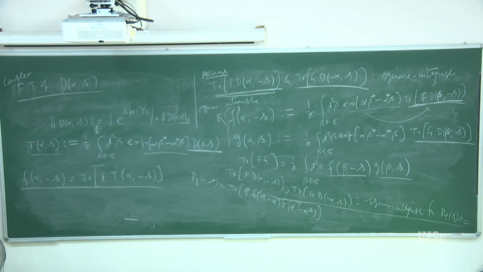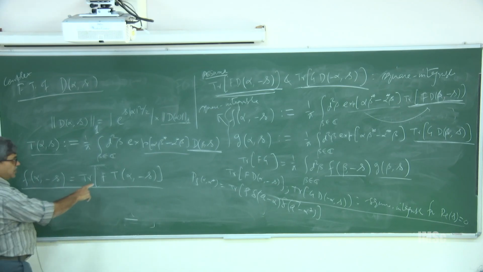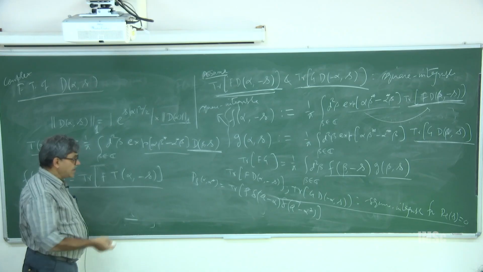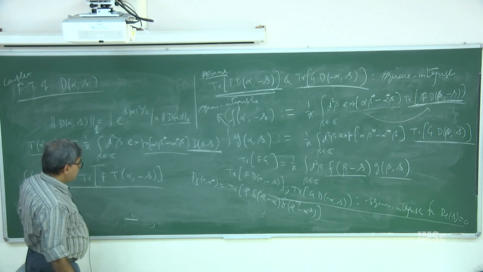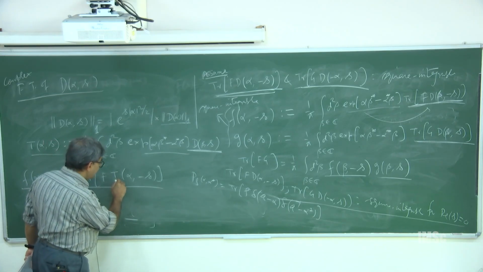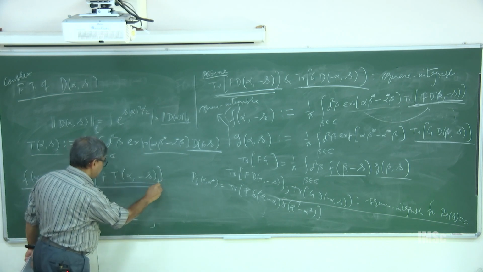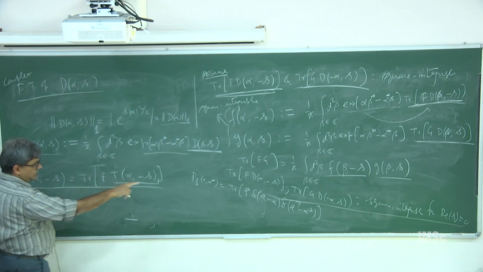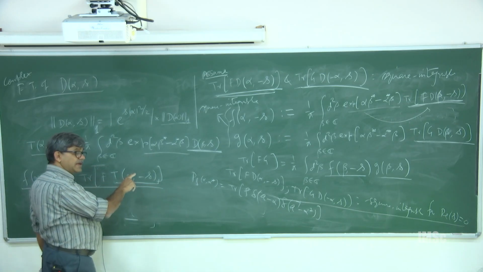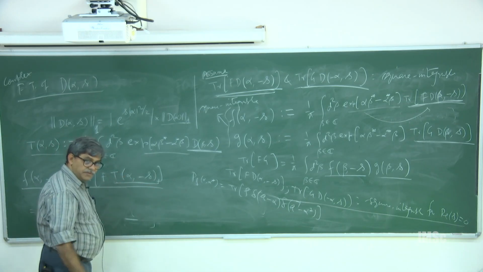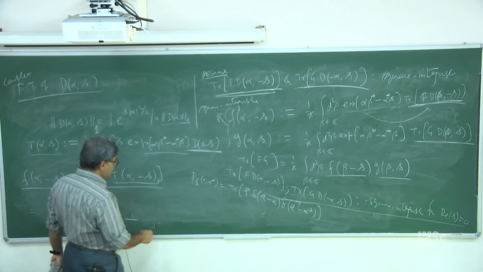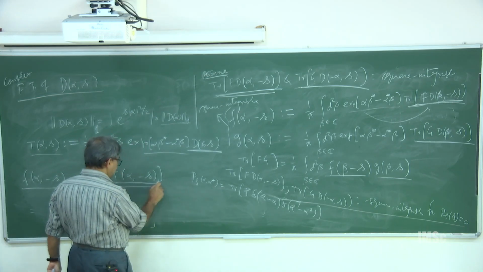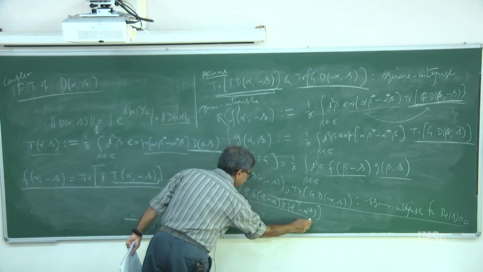So if you take f to be a density matrix, which you can take because that is bounded and trace class, so this is for normal ordering. Normal ordering means s is equal to plus 1. So you see that this operator looks like this.